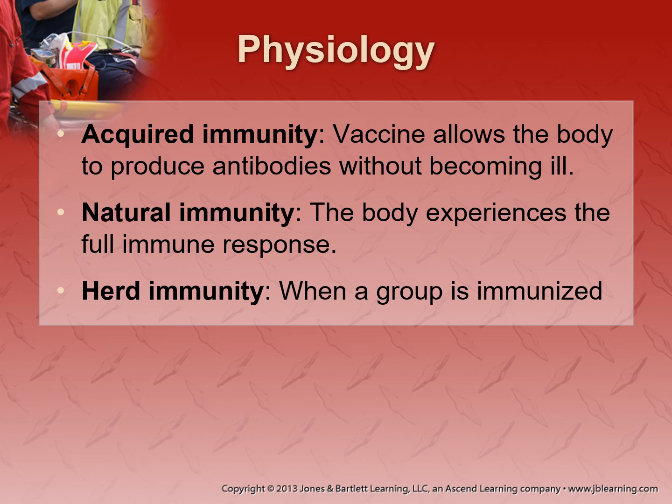It's basically getting shots. Acquired immunity is getting shots, or I think polio used to be on a sugar pill. Natural immunity is when you just come across the disease and you build your immunity to it. Herd immunity is the idea that most of the group is now immune to that disease or to that pathogen.